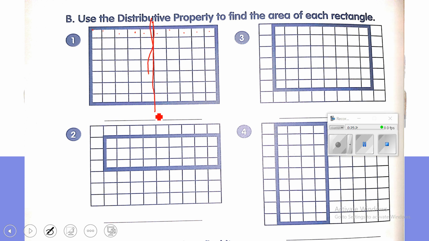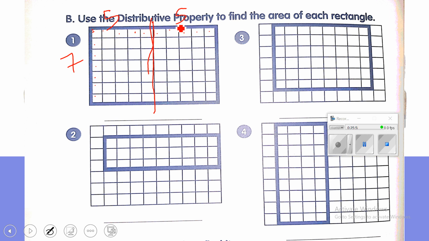Sorry, I make my partition and then I solve it. So here is 1, 2, 3, 4, 5, 6, 7. So here is 5, here is 7, and here is 5. So I can say that 5 multiplied by 7 plus 5 multiplied by 7 equals, perfect.